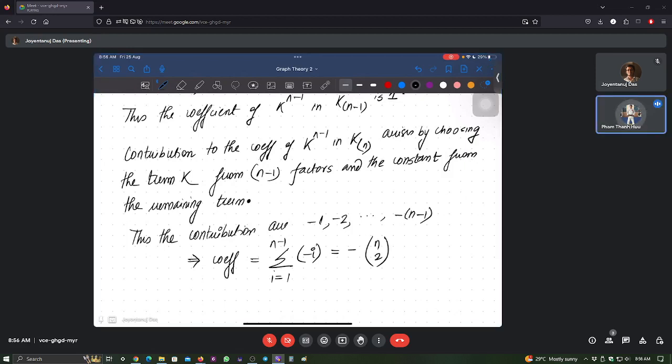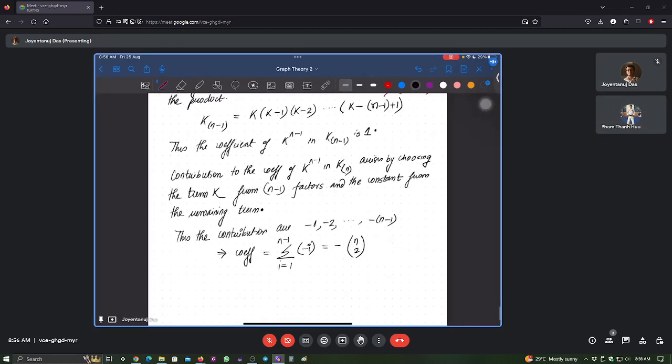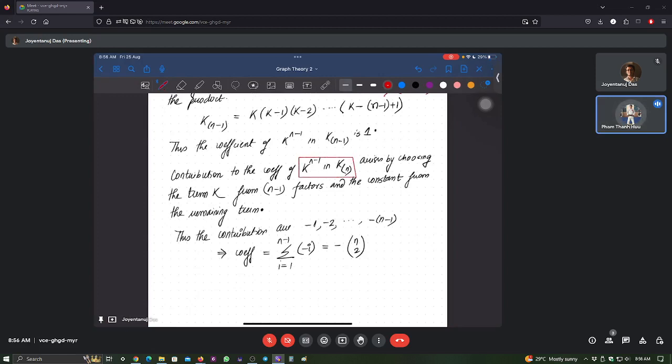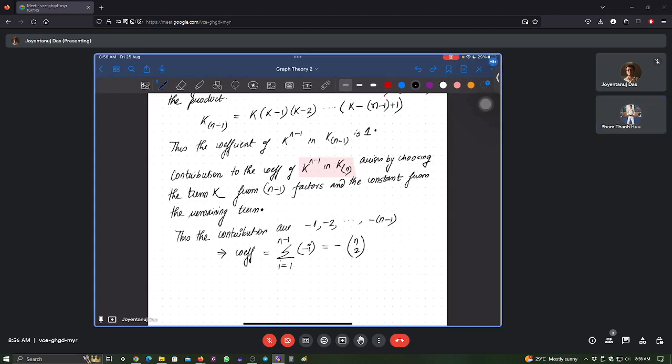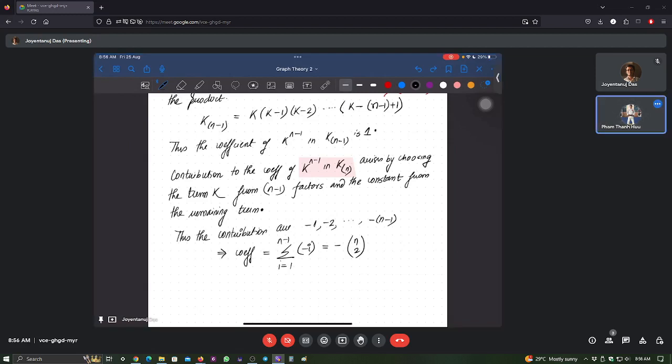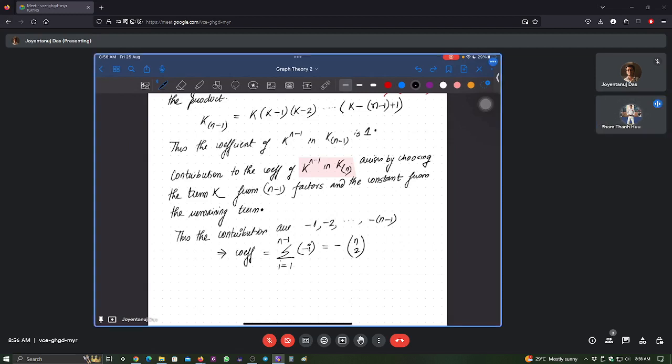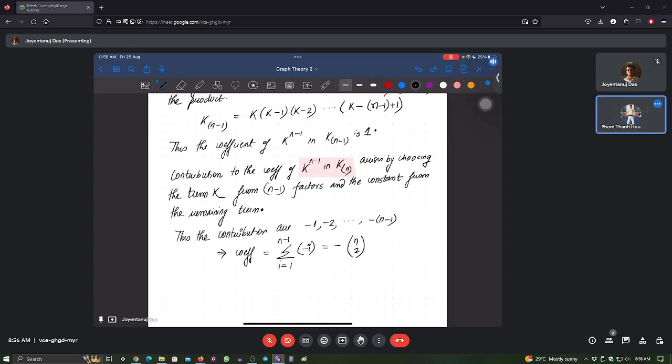This is the coefficient of k power n minus one in k power n. Yes, because it is n into n minus 1 by 2, that formula you have to use, right? So this you know, right? Then the total coefficient is what?